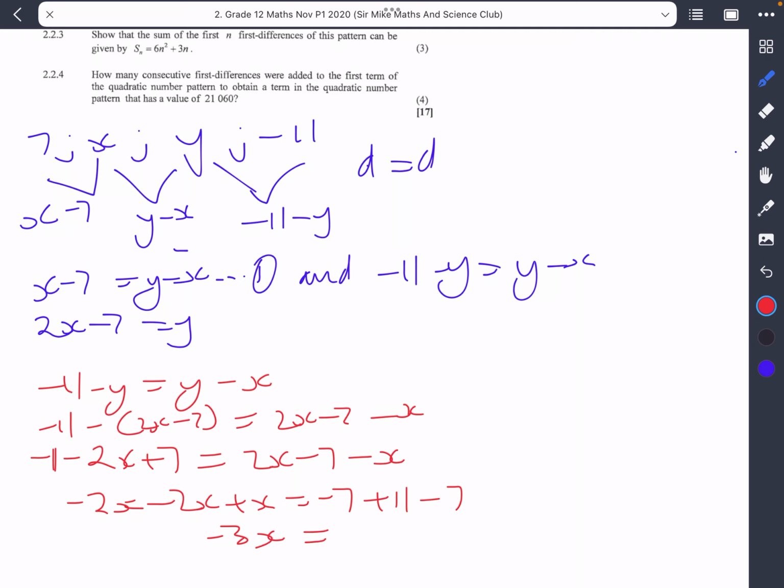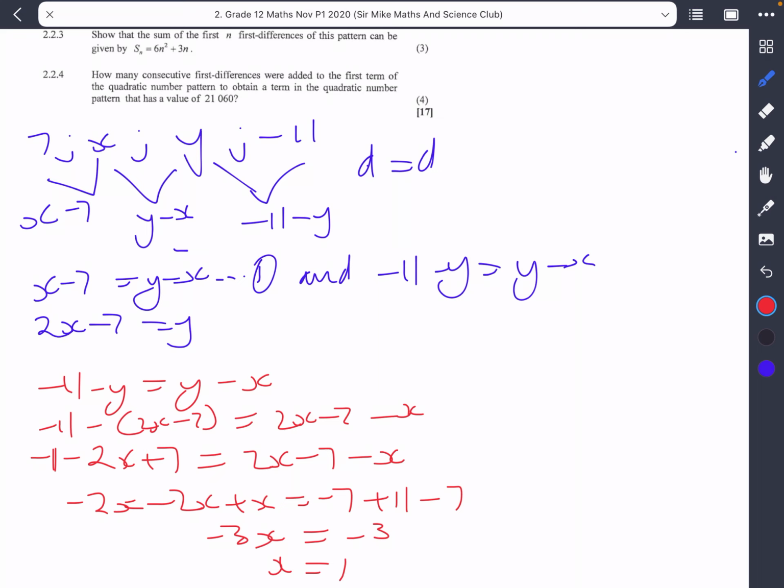On the right, negative 7 minus 7 gives negative 14, and negative 14 plus 11 equals negative 3. So negative 3x equals negative 3, and we would get x as being 1. So we know that x is 1.